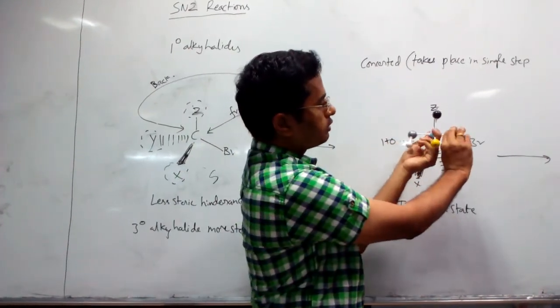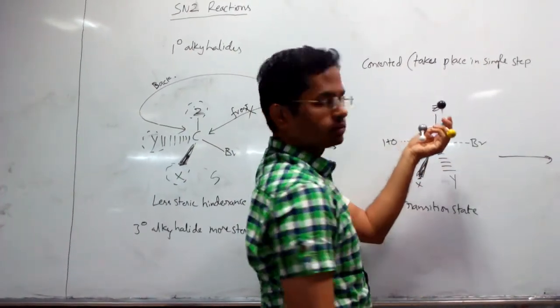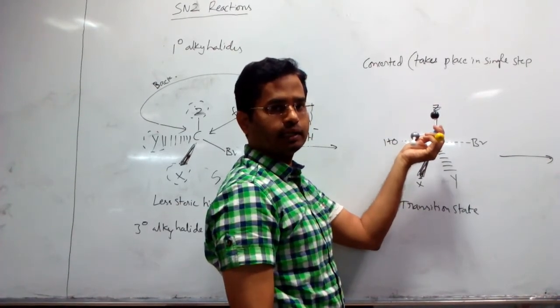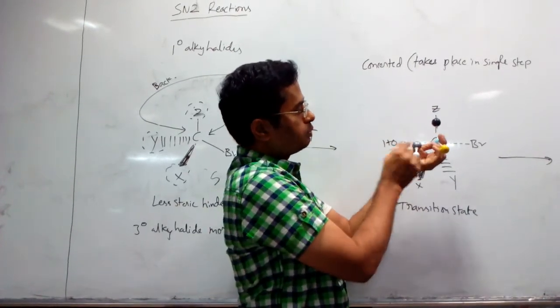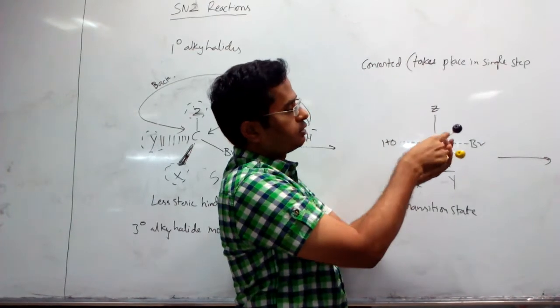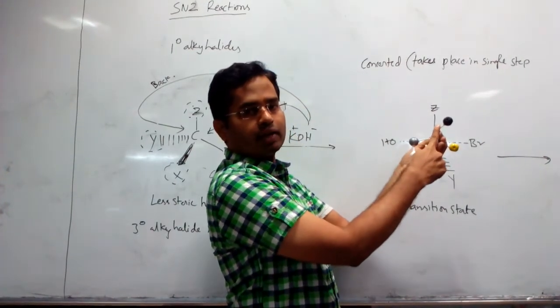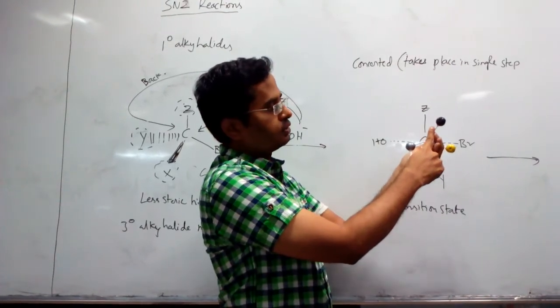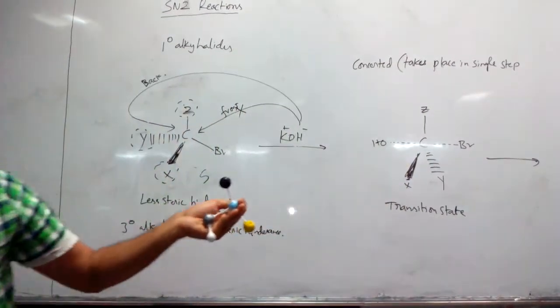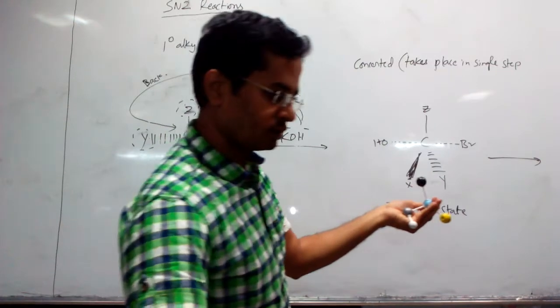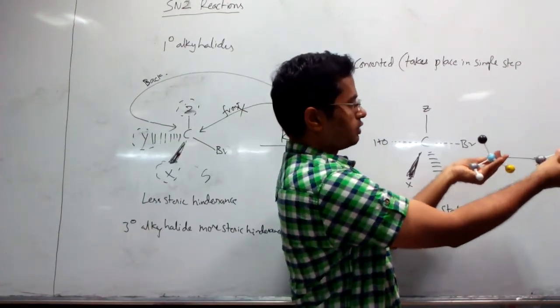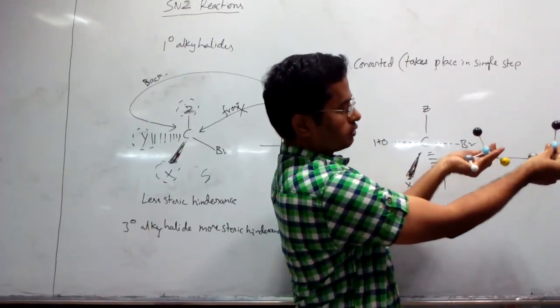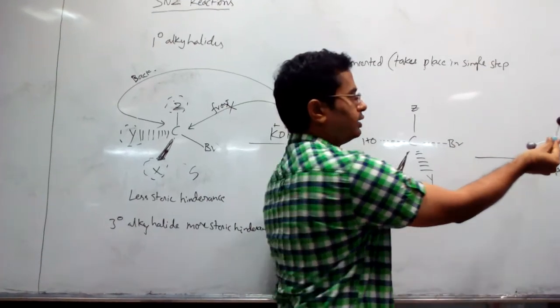Now this bromine decomposes and completely leaves, and the 109 degree angle as in sp3 hybridization is restored again. So finally we get a product, this one.